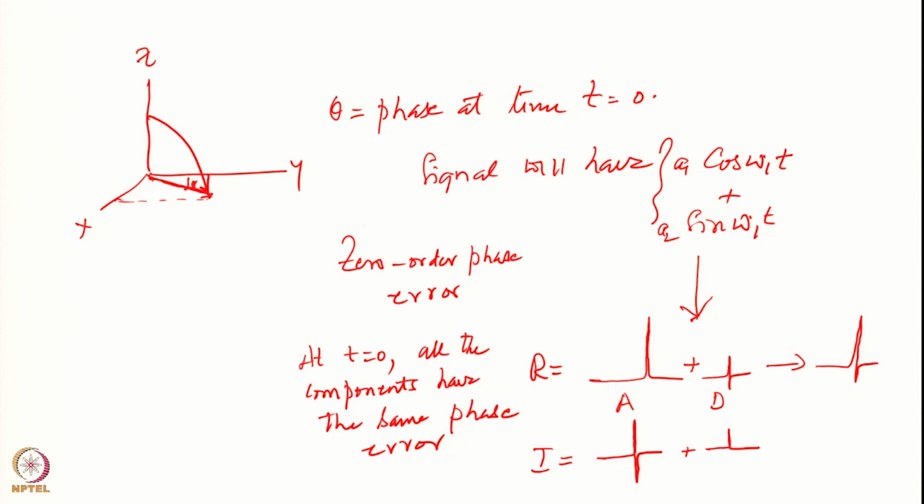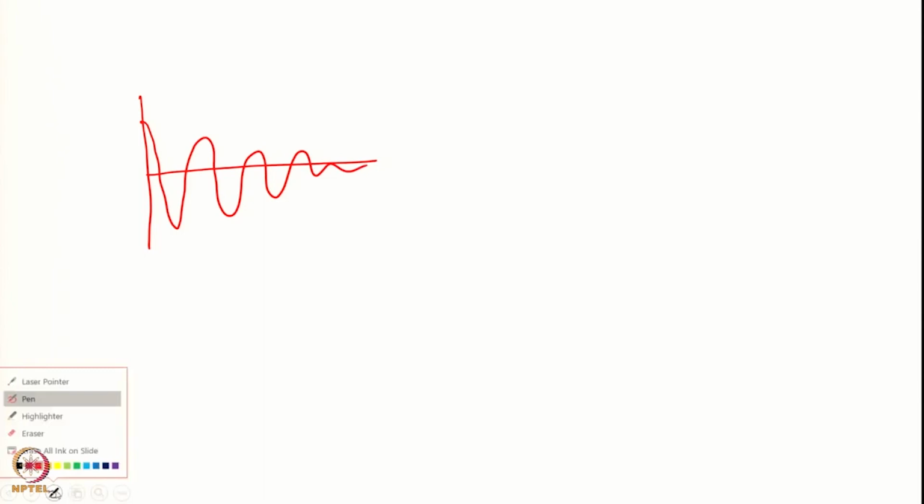Okay. Now, there is another source of phase error, and that is the following. Suppose my FID is supposed to be like this, right, and my data points should be like this, here, here, here. Okay.